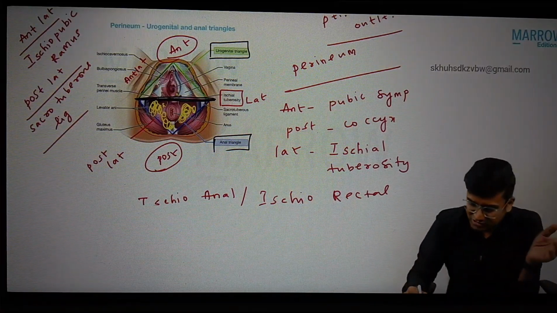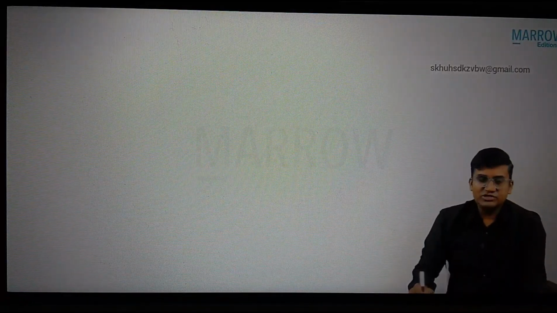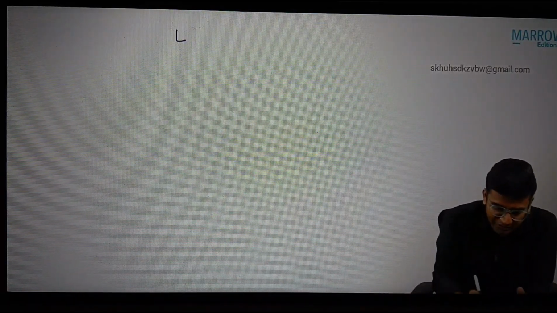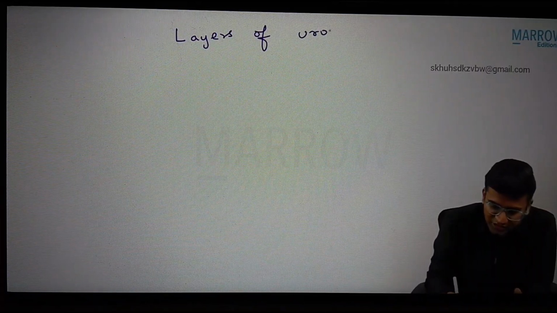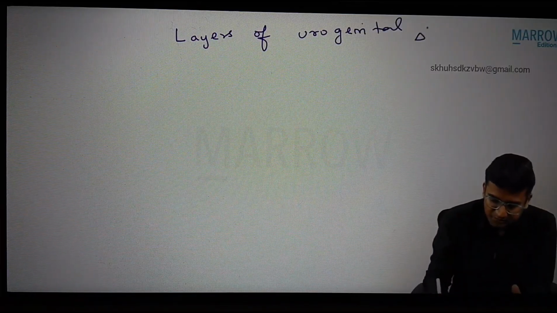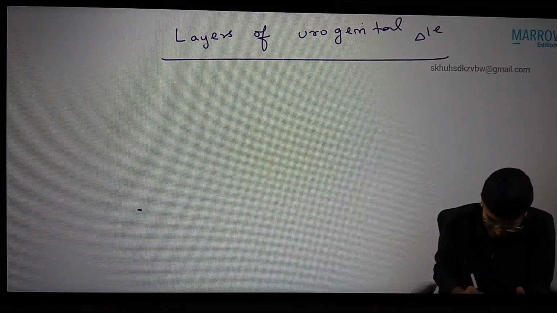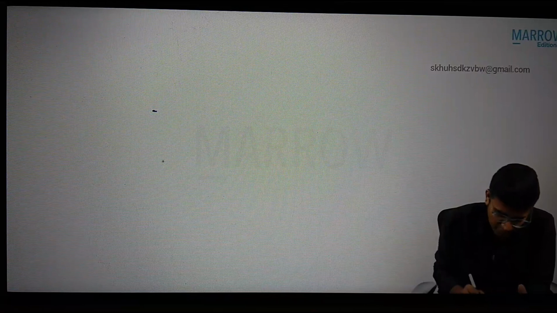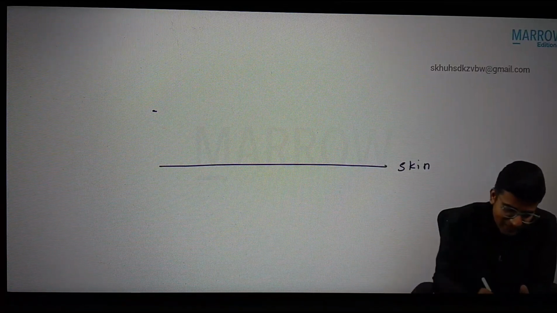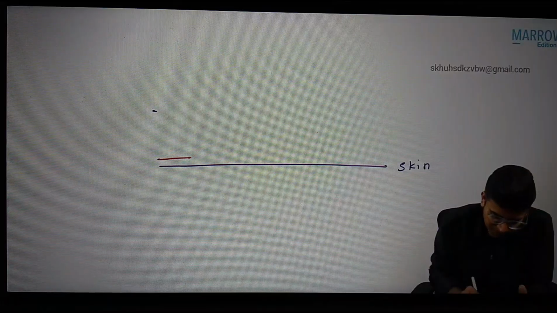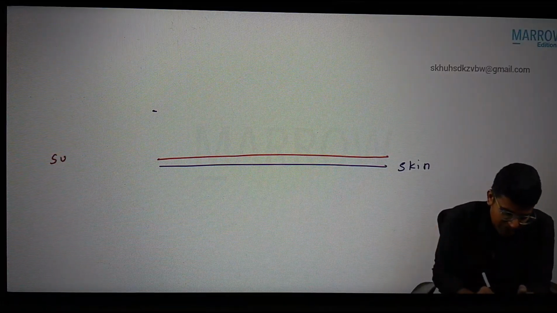Now, we're going to draw some line diagram and then discuss the urogenital triangle. We're going to write the layers of the urogenital triangle. I told you the bottommost layer is the skin. Above the skin, we have superficial fascia.